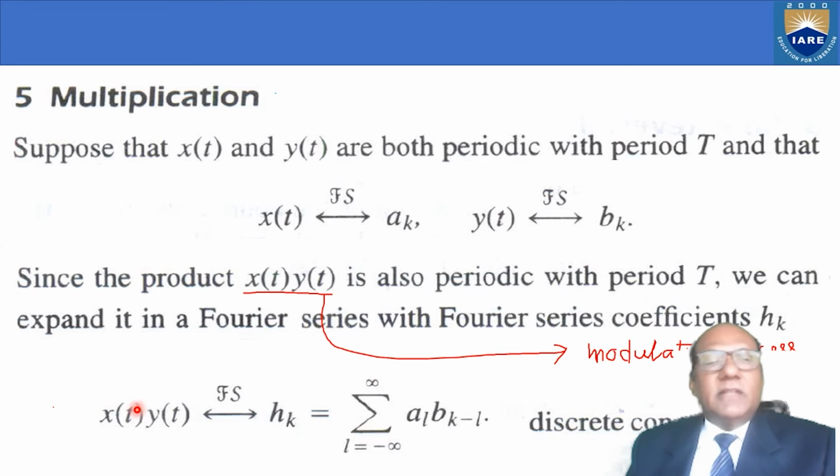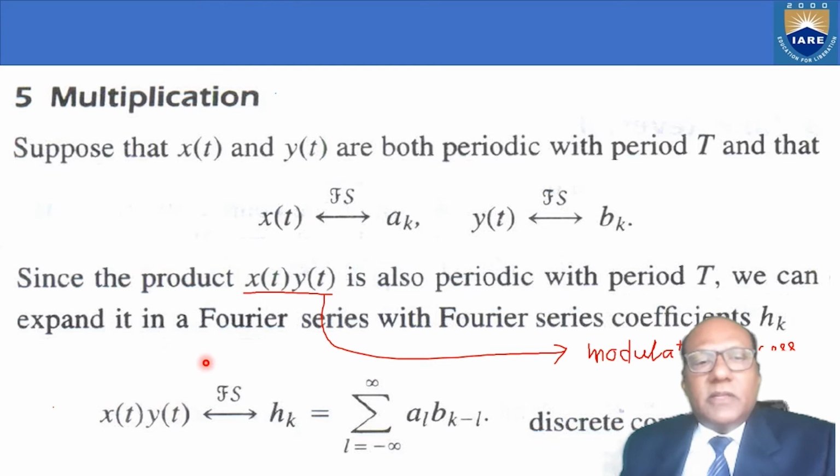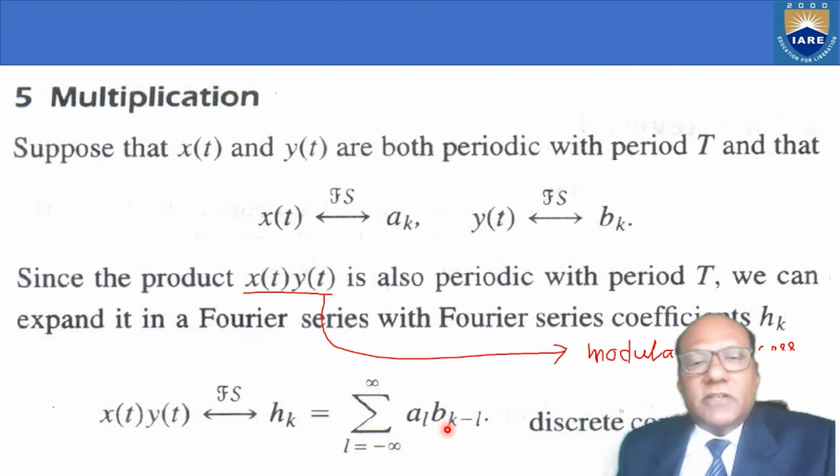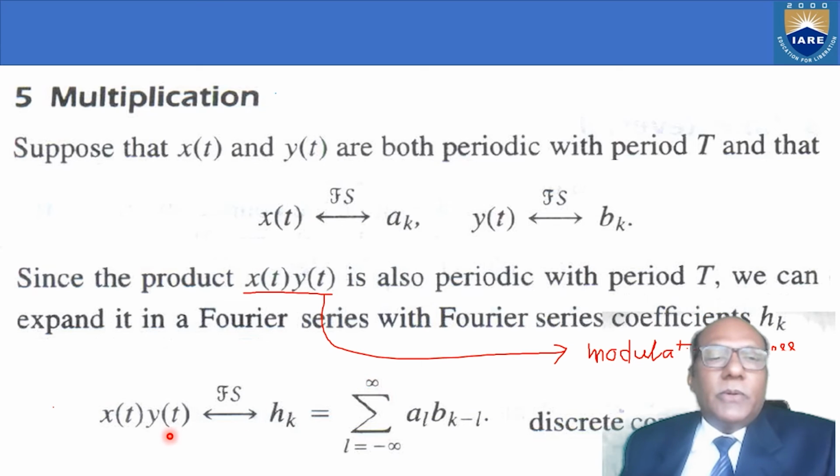It is a little bit involved. You really have to substitute into the equations and get different kinds of integrals, but in this case summation, because it is discrete values. So here basically it is convolution.